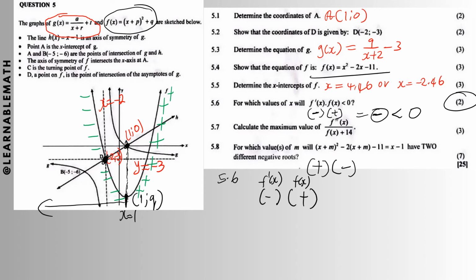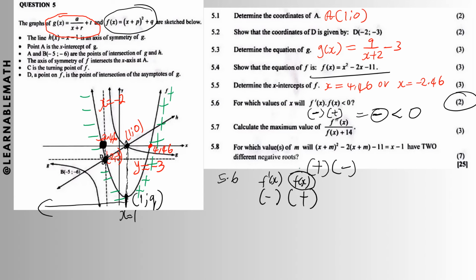But at the same time, we have to check where the graph of f is actually positive, when it's above 0, above the x-axis. You can see that the graph of f is above the x-axis at that point there. Hence the previous question said find those x-intercepts, and that point there is, let me write in red, minus 2.46, because this side will be 4.46, the positive side.